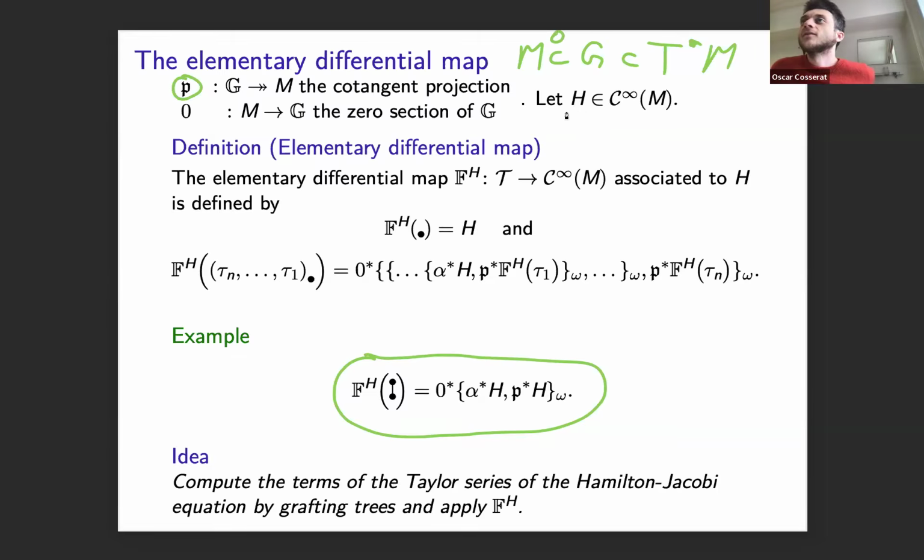Let H be a Hamiltonian. Then the elementary differential map F_H from T to smooth functions on M, associated to H, is defined recursively by the following.